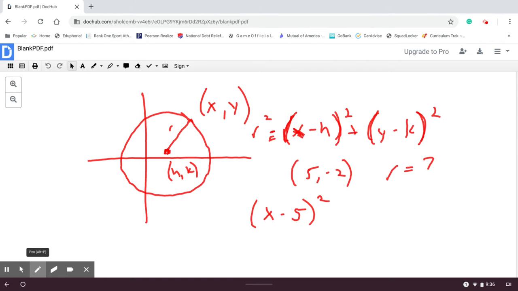So (x minus 5) squared plus (y minus k), but in this case it's minus a negative 2, which becomes plus 2, squared, is equal to 7 squared.